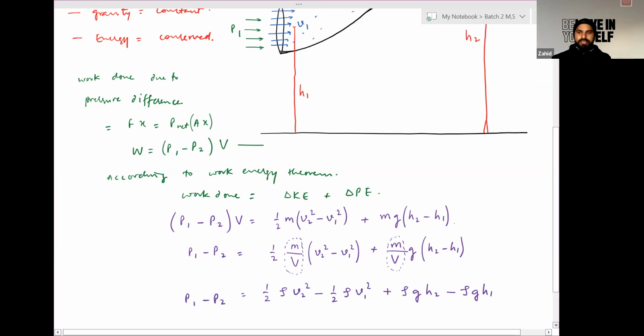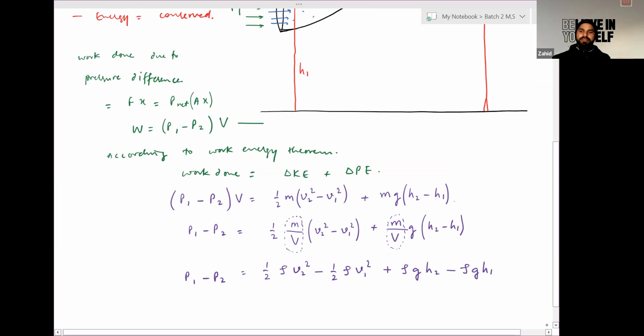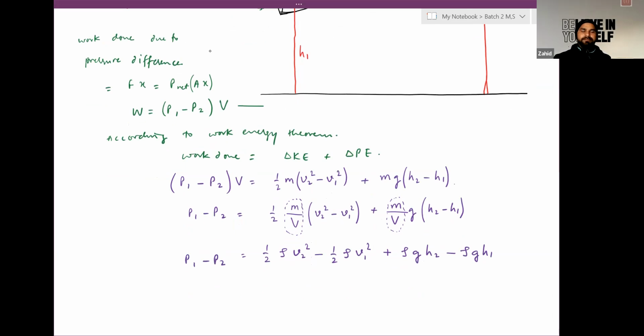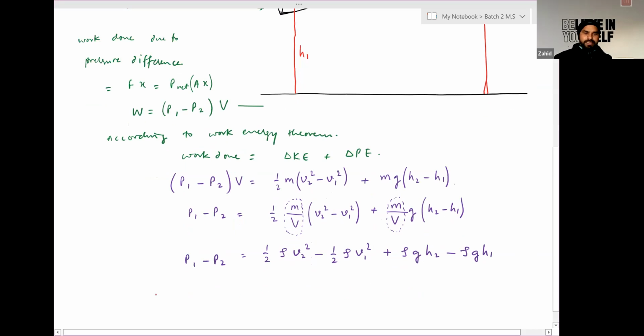Now just rearrange this entire equation, putting terms having the same subscript on one side. So we can write P1 plus half rho V1 square plus rho g H1 equals P2 plus half rho V2 square plus rho g H2.